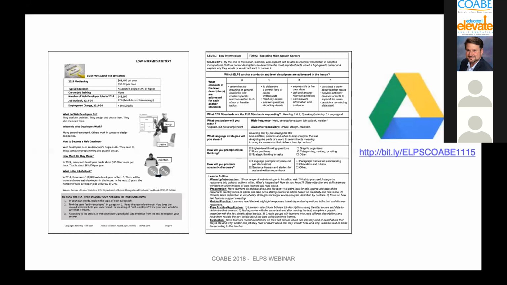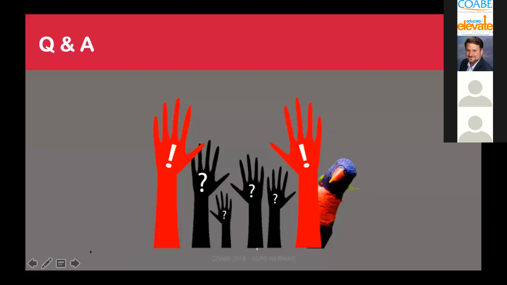There's a question, Lori, about CASAS aligned with the ELPS. Is CASAS aligned with the ELPS levels? The new CASAS tests are aligned with the college and career readiness standards. The ELPS are aligned to the college and career readiness standards.